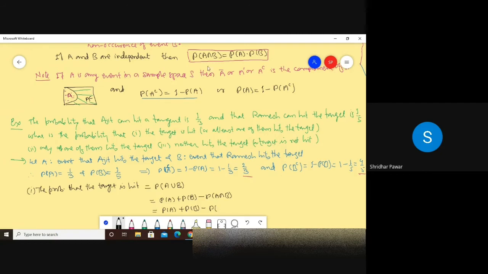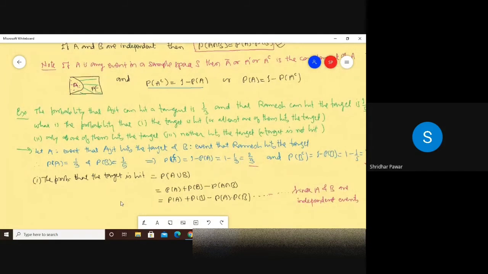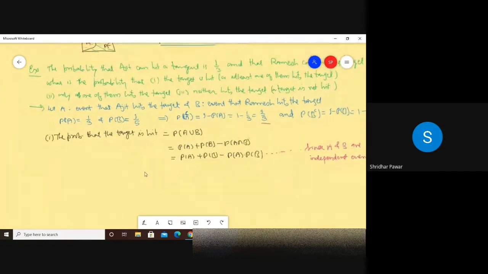Therefore for independent events, P of A intersection B is equal to P of A into P of B. Give the reason here: since A and B are independent events, the probability of intersection is equal to the probability of their product.